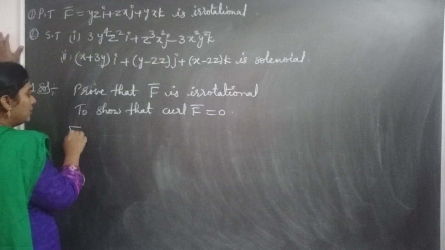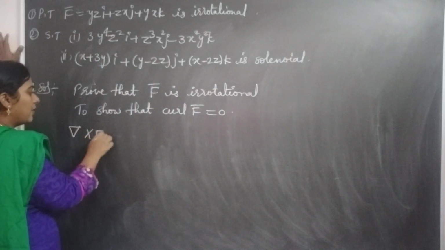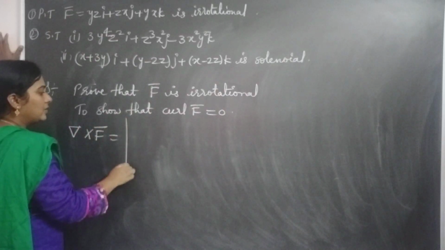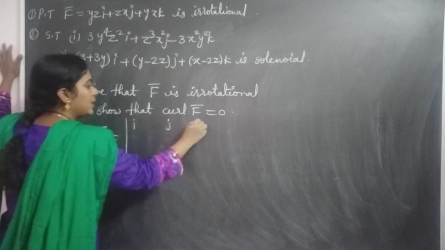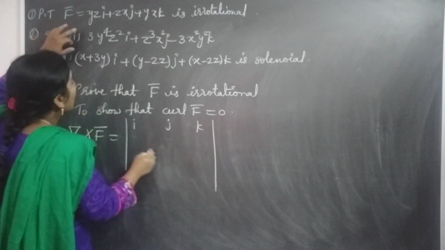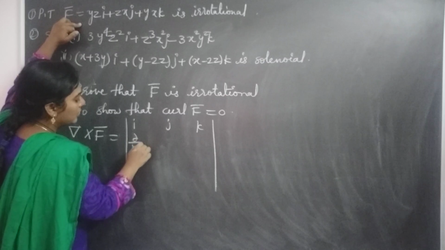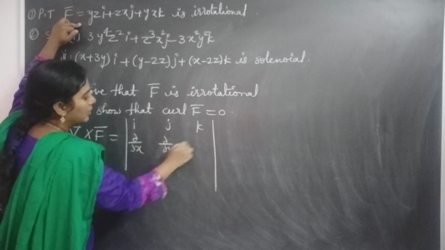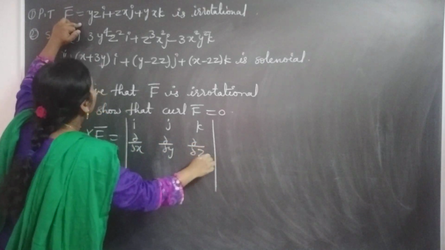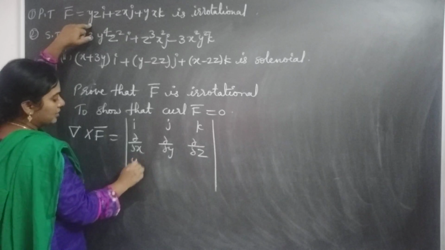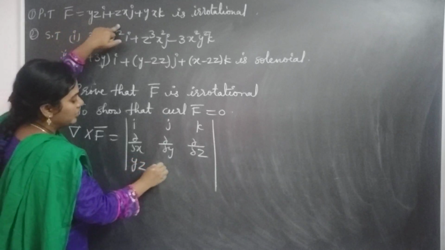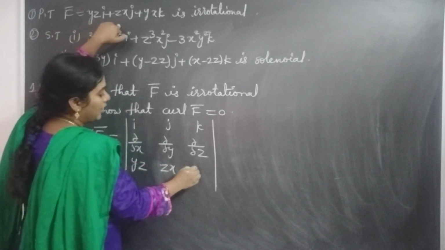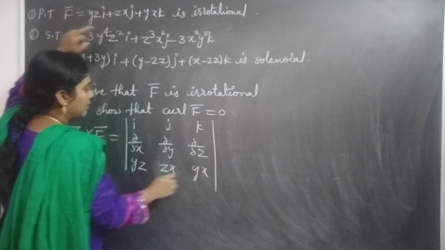That is nothing but to find del cross F vector, that is equal to the determinant i, j, k, dou by dou x, dou by dou y, dou by dou z. The i component is yz, j is zx, k is yx.